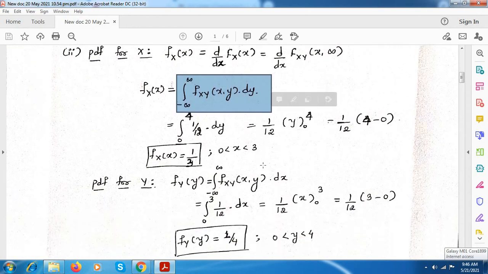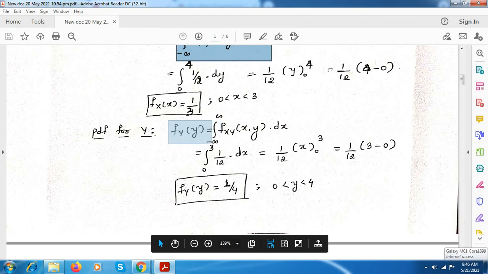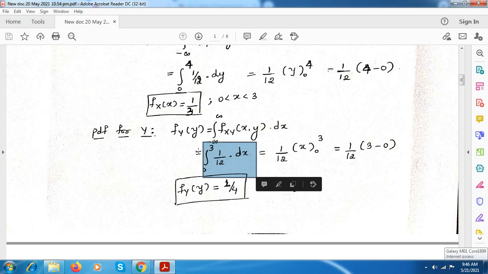Hope you have solved. This is the solution. Here it is fy of y, integration from minus infinity to plus infinity fxy, and here it is dx. So here the limit is from 0 to 3. So integration 0 to 3, and this value is 1 by 12, and here it is dx.